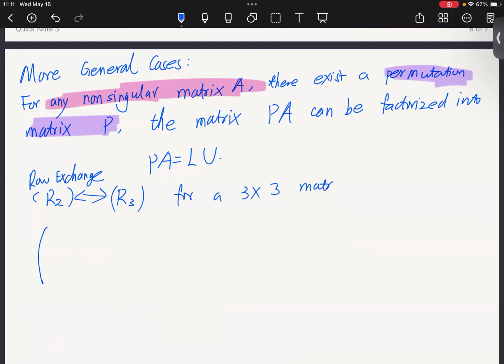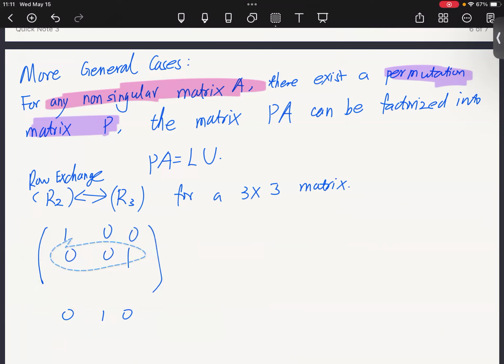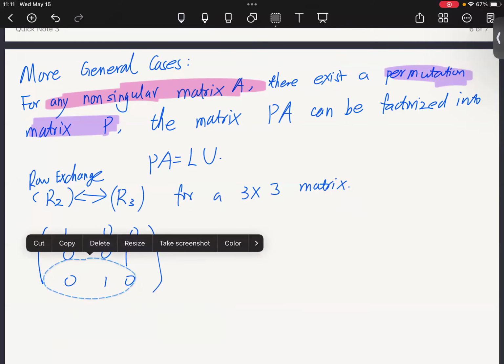How can we create that row exchange matrix? We just have the identity matrix, 1 0 0, 0 1 0, 0 0 1. And if you want to do the row exchange, what you do is exchange row 2 and row 3 in the identity matrix. And this is your permutation matrix P.